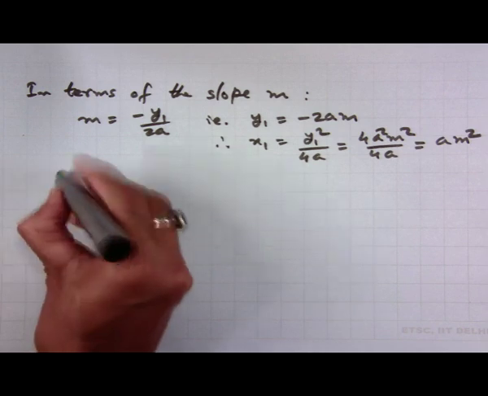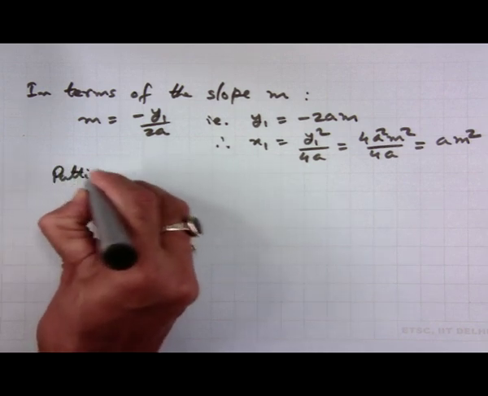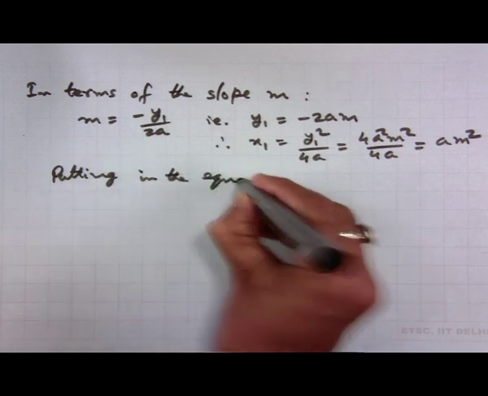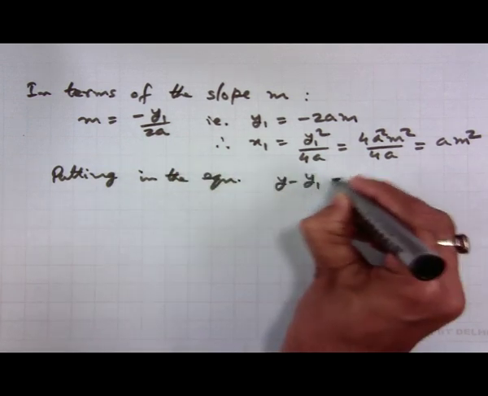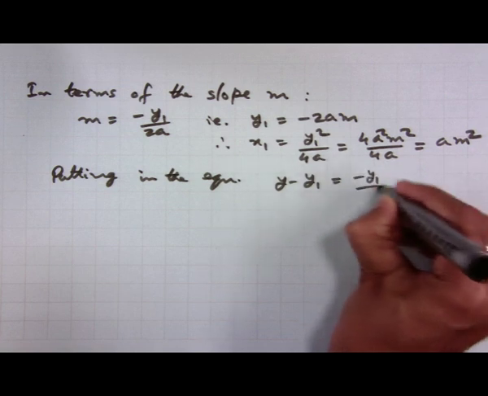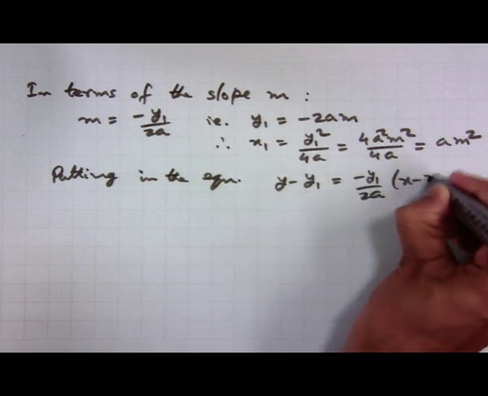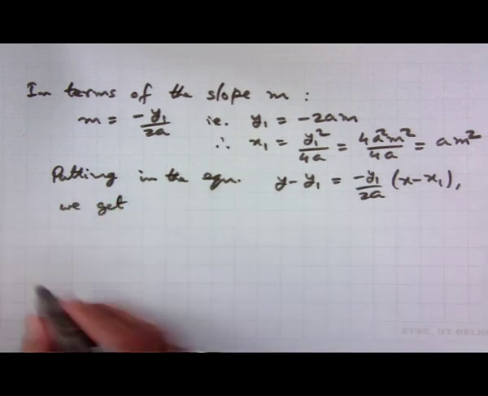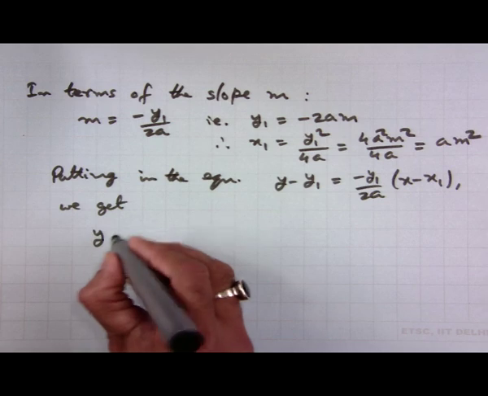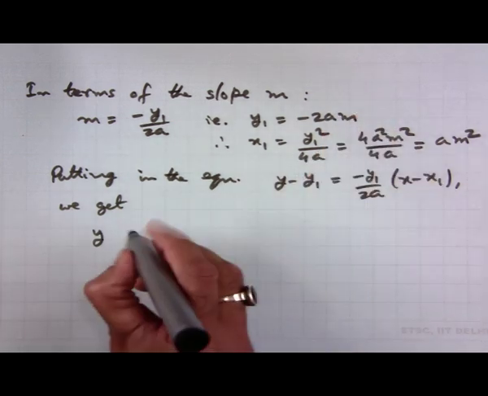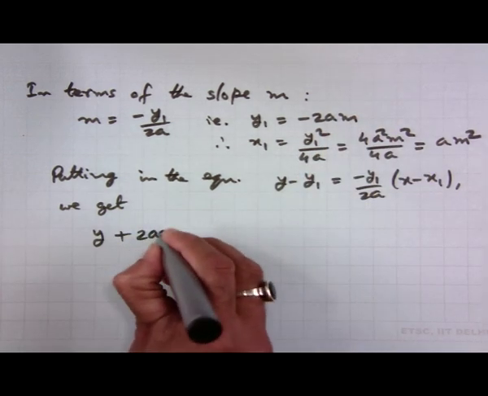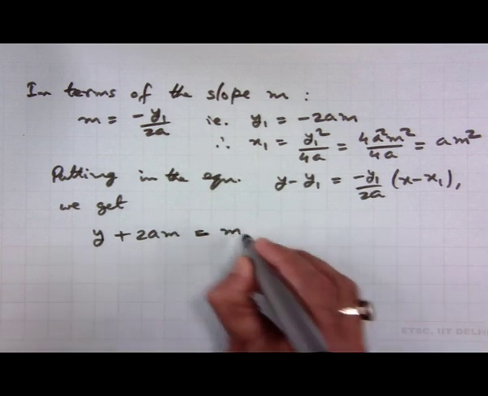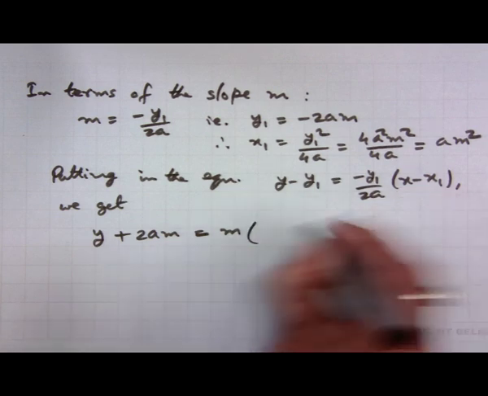So, putting in the equation for normal, which is y minus y 1 equal to m, minus y 1 by 2a times x minus x 1, we get y plus 2am equal to m times x minus x 1.